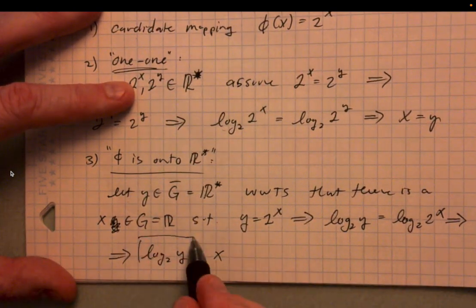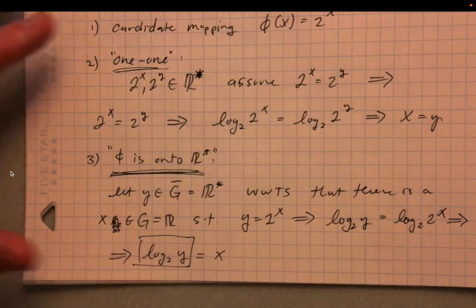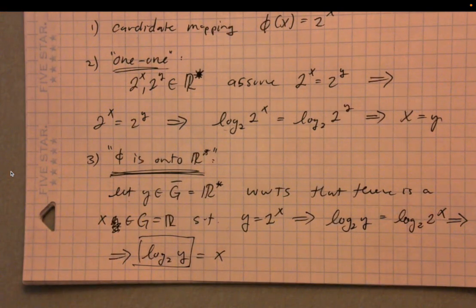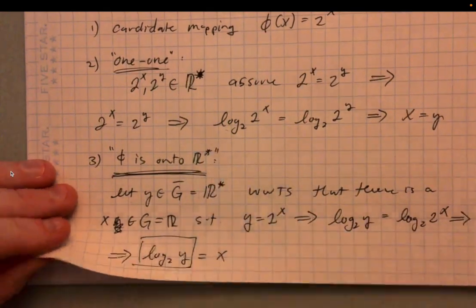So here's your candidate for x: you give me any y, and I just evaluate log base 2 of the y you gave me, and this is the element that maps onto y. So our phi is onto. It's one-to-one and onto. The only thing left to check is that it's operation preserving.